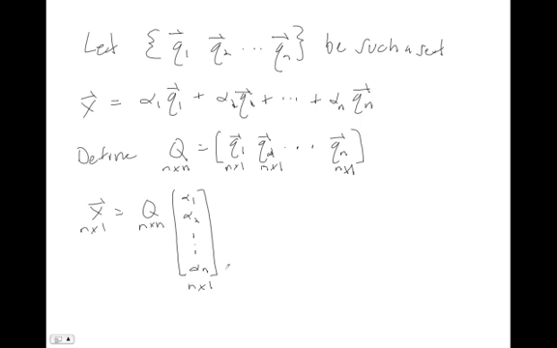I can call this vector x tilde, such that x equals Q times x tilde.